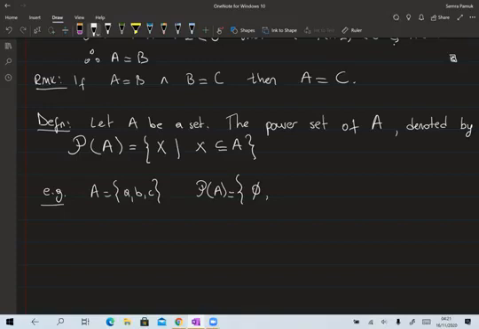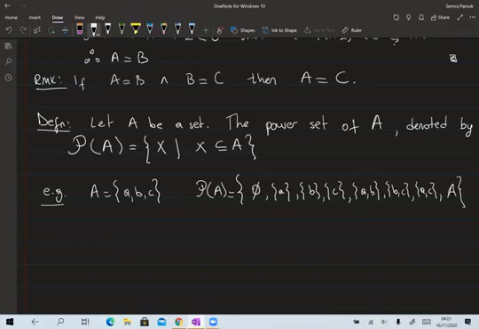Therefore, the power set of A contains the empty set. Then these are the single element subsets of A. Then any two elements, like AC. Then A itself, right? Any three, A itself. So these are the elements of the power set of A.